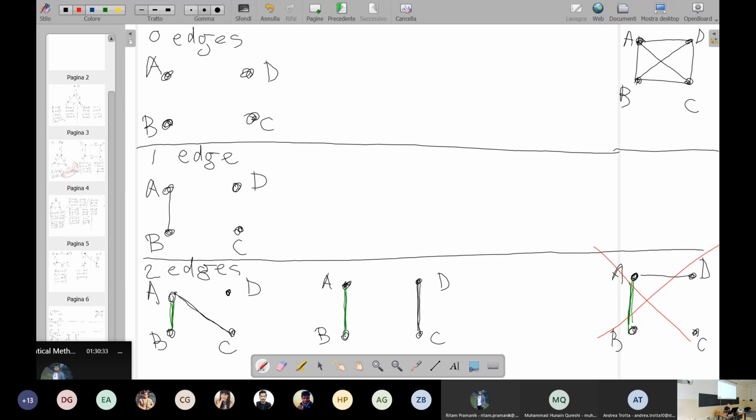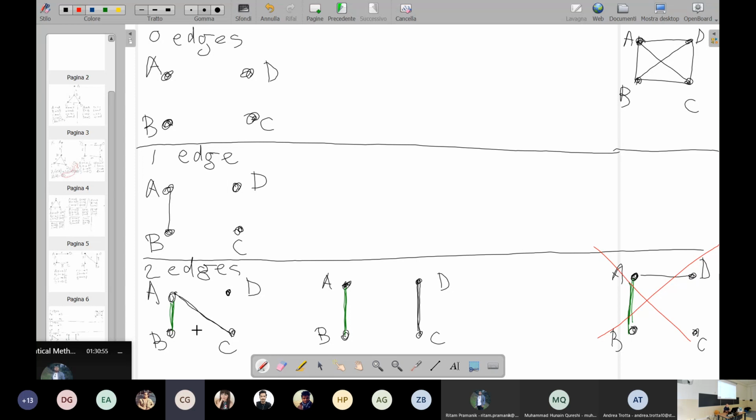This is no new one. Same thing if instead, so we had this fixed, we have tried this, we have tried this. This doesn't give anything new, because they are all isomorphic to this one.